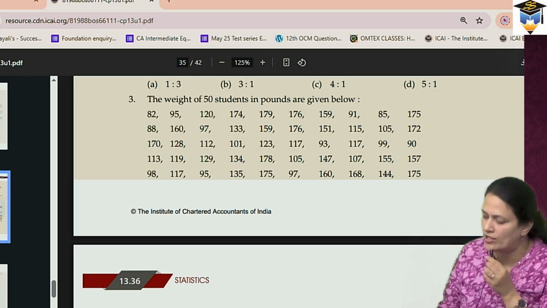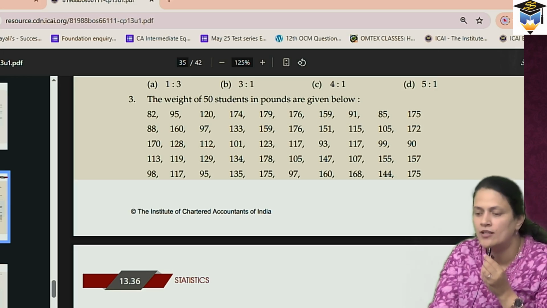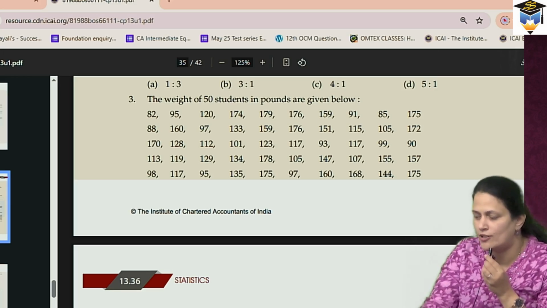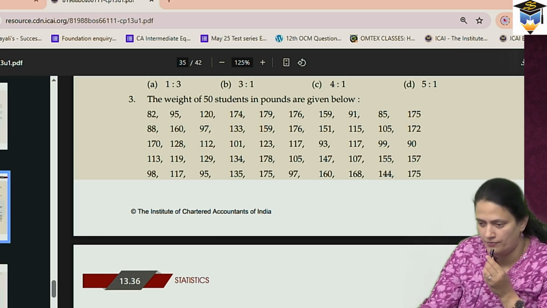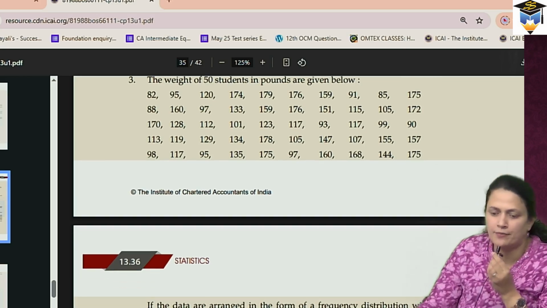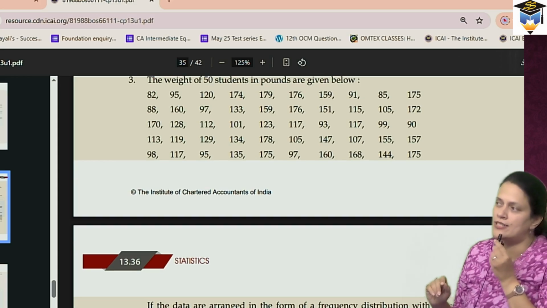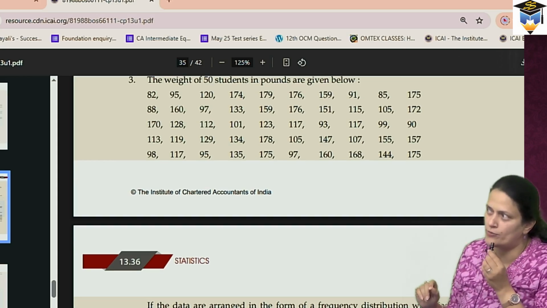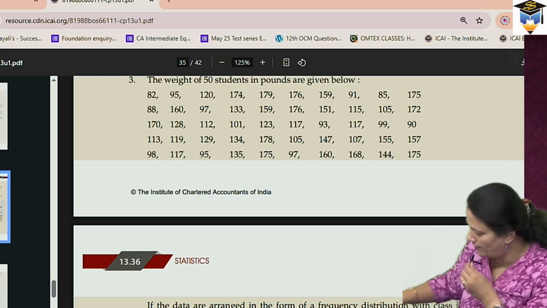Okay, so question number 3 is given over here. Please read the question and try to form the correct frequency table. You will try first, then I will show you what is to be done. Okay, please try.